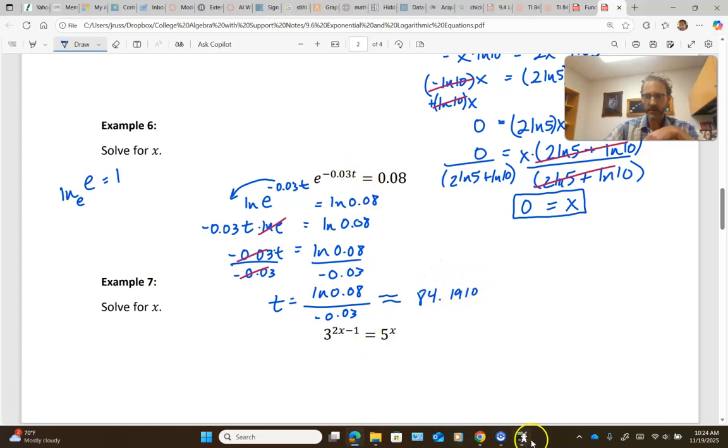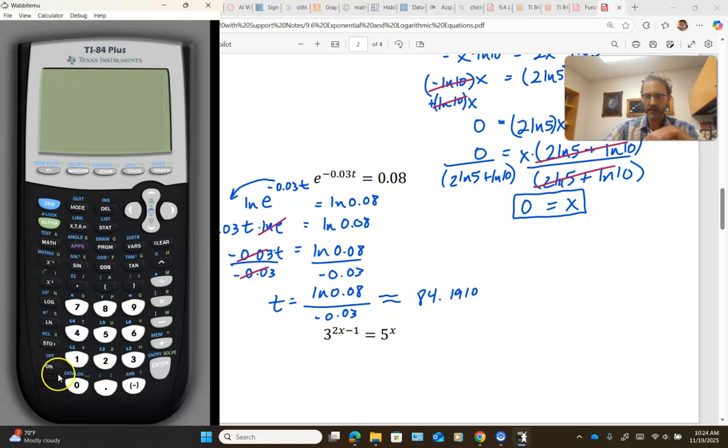Okay. Real quick though, let me show you guys how you can verify this. If I go back to my original equation and I say e to the power of negative 0.03 times this number that I just came up with, and I'll just use the decimal approximation, 84.1910, and I hit enter, I'll get a value real close to this.